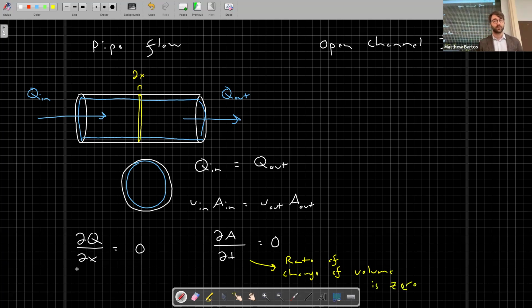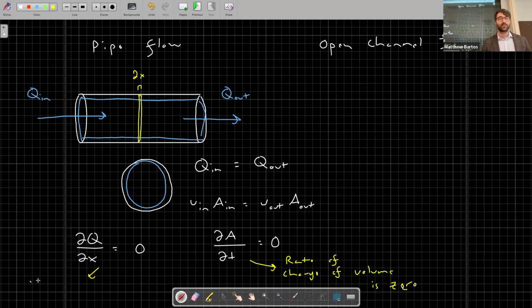And what does this term here imply? Yeah, so it means that the volume flux in is equal to the volume flux out. So the flow in is equal to the flow out.